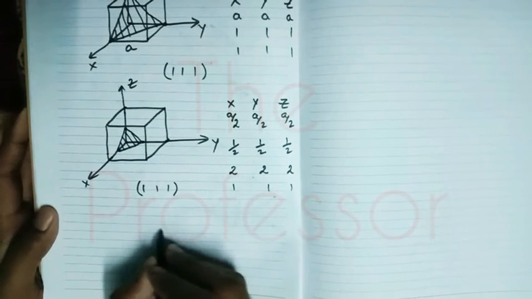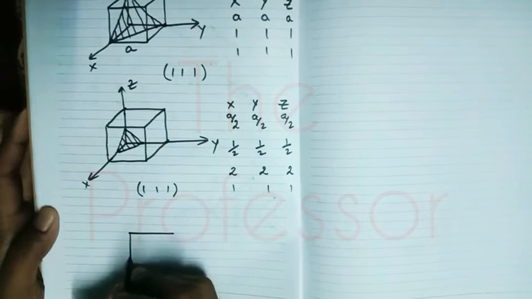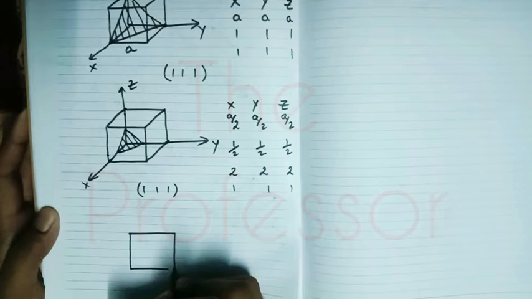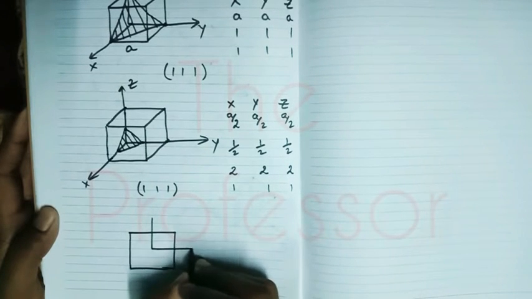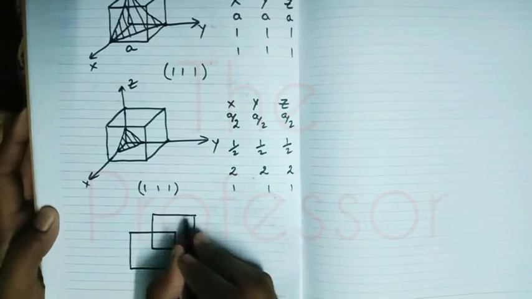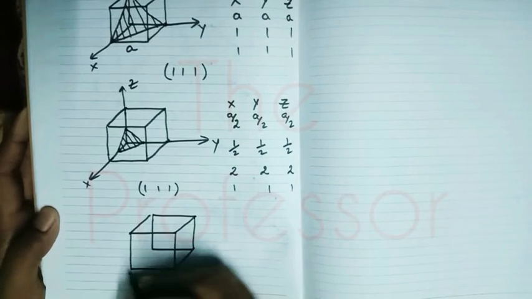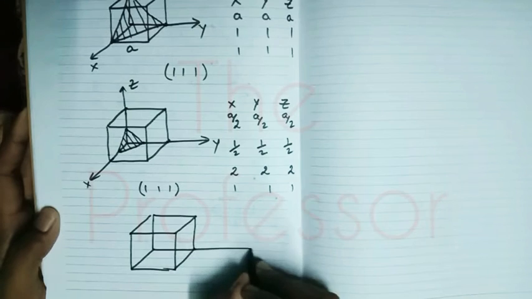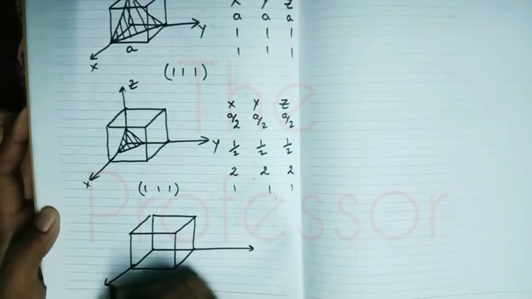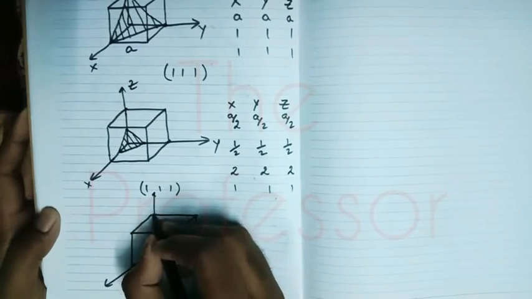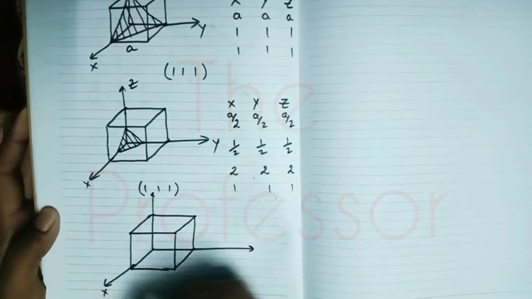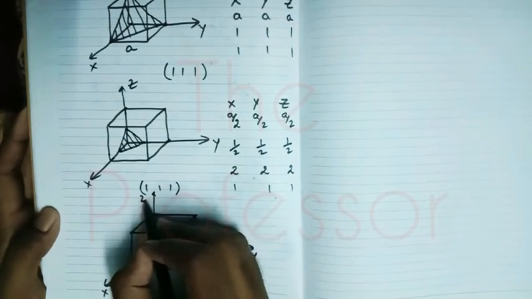Suppose that this is our unit cell. Right? This is our reference axis, x, y and z.